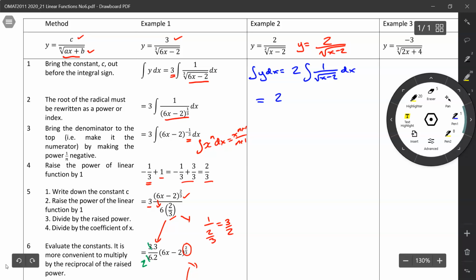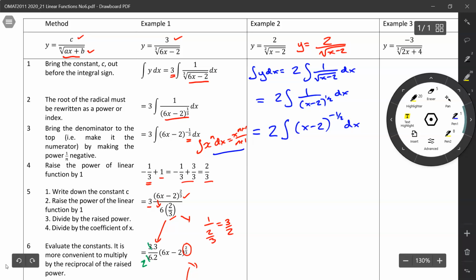So that's equal to 2 times the integral of 1 over x minus 2 to the power of a half dx. Having done this, we're now able to bring this term from the denominator up on top. So it's 2 times the integral of x minus 2 to the power of minus a half dx.